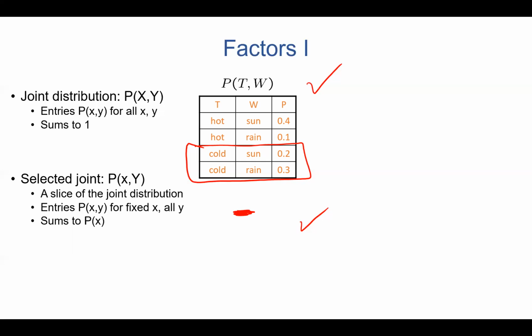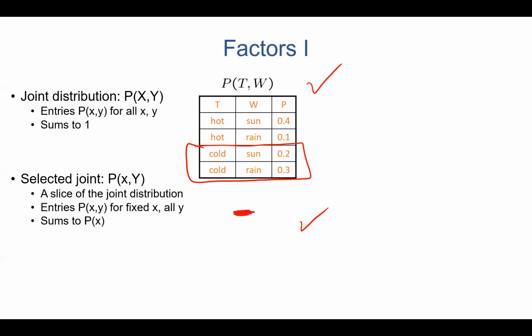So one factor is basically a joint distribution, just like we saw before, from a large table, we look at just the joint distribution, something like probability of X and Y, or probability of temperature and the weather. We have seen this before, right? And they sum up to 1, over all the instantiations of the two variables together.